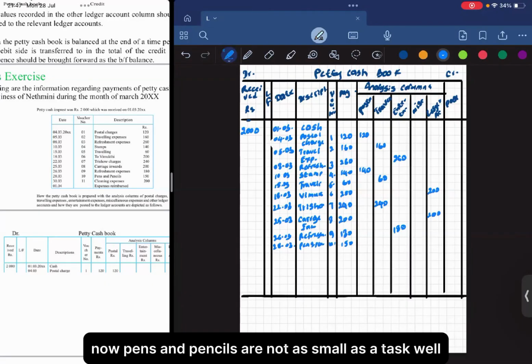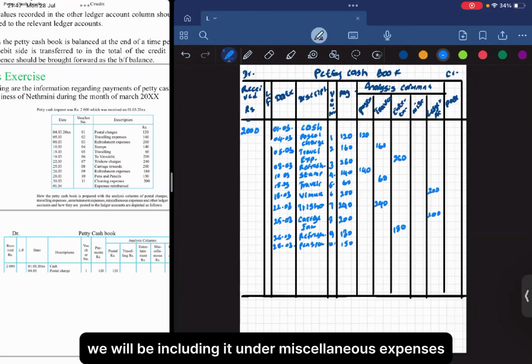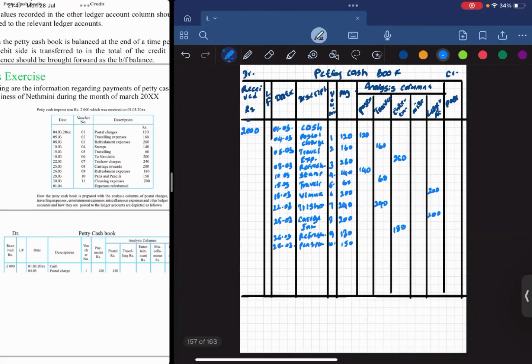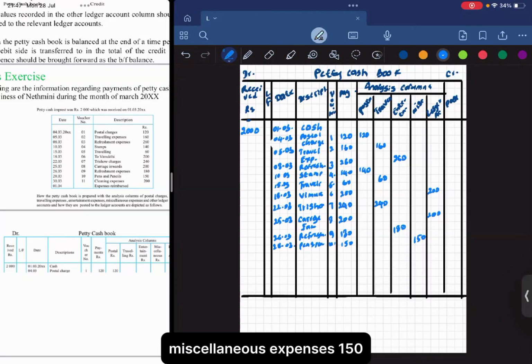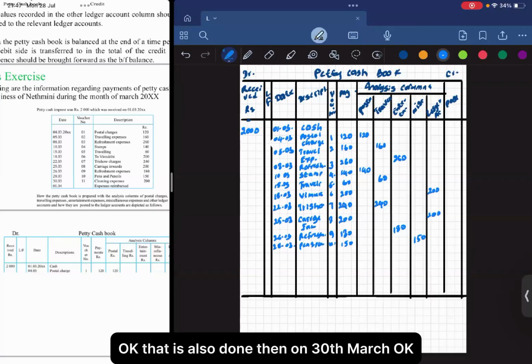Now, pens and pencils are not a small asset as well, so we need not include it in the ledger account also. So, we will be including it under miscellaneous expenses, 150. Okay, that is also done.